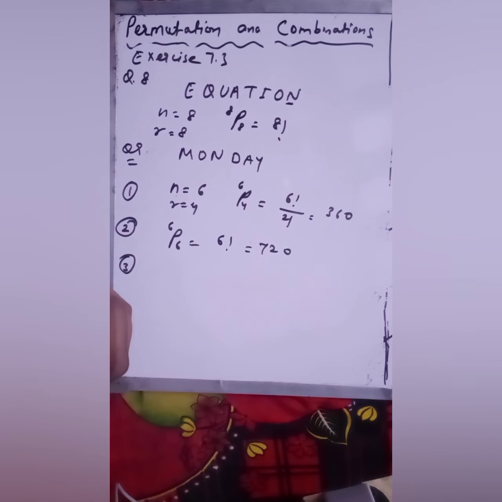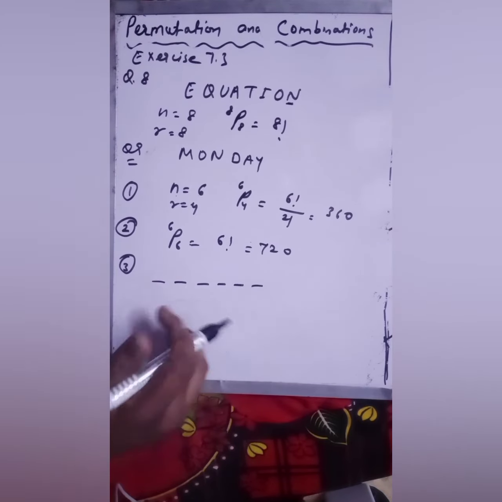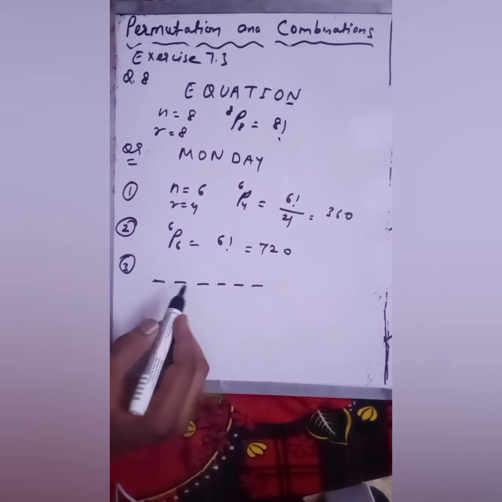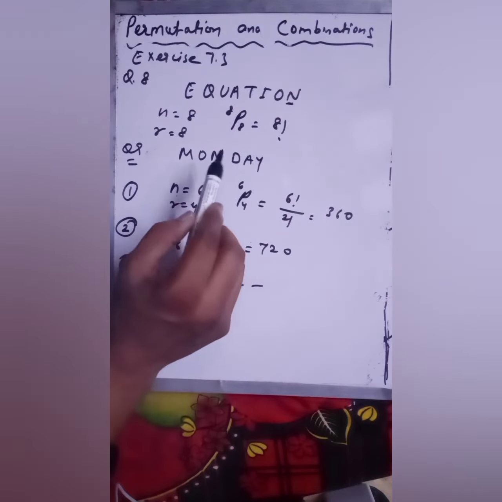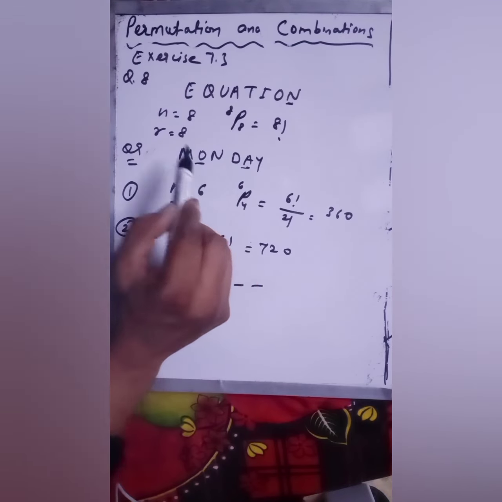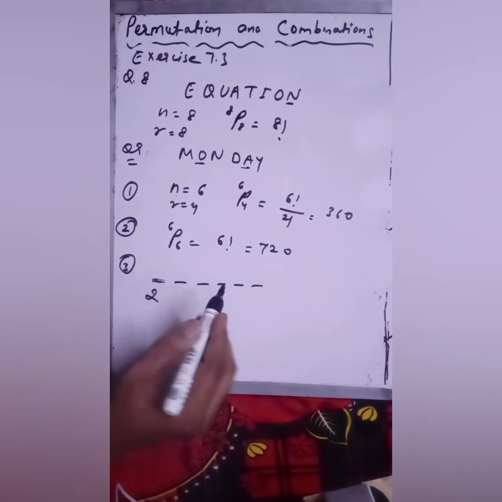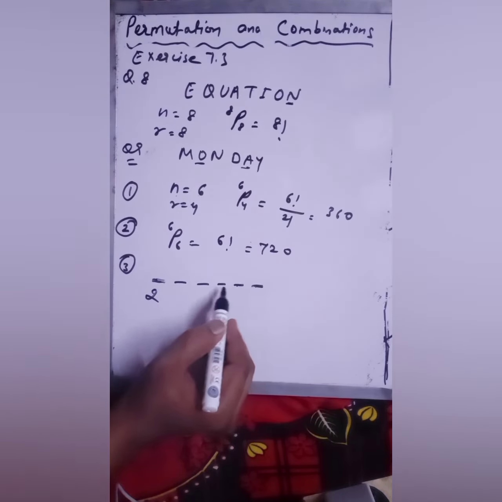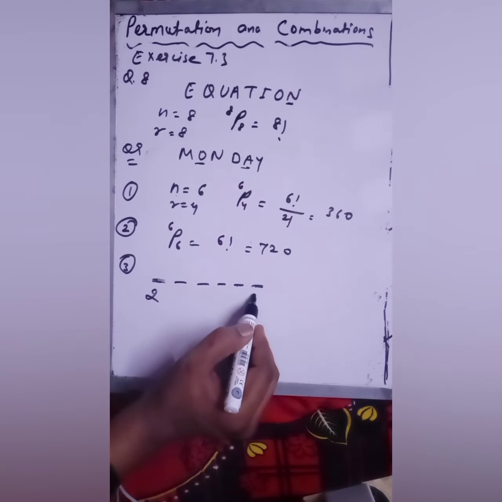Third part: all the letters are used, but the first letter is a vowel. So there is a 6 letter word and your first letter is a vowel. In this question there are 2 vowels, A and O. So for this place you have 2 choices. And for the rest of the places you have 1, 2, 3, 4, 5.